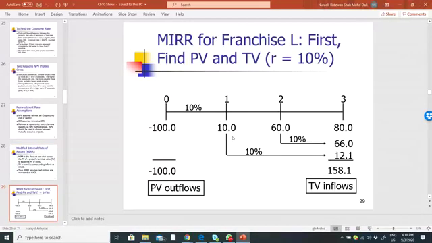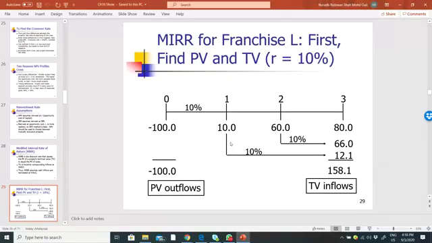For example, we have an initial outlay of 100, then cash flows of 10, 60, and 80 for years 1 to 3. Here, we first find the terminal value using R equal to 10.